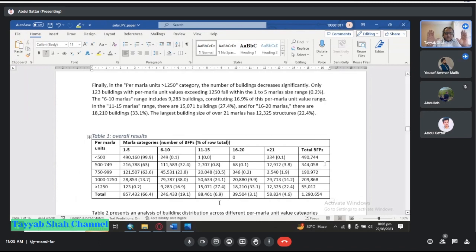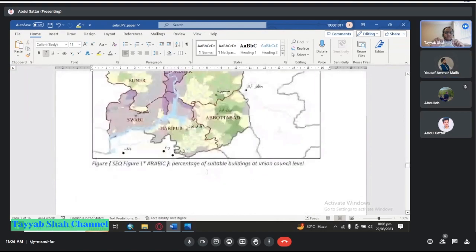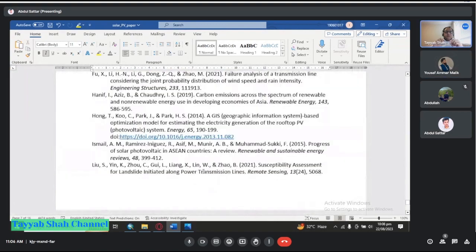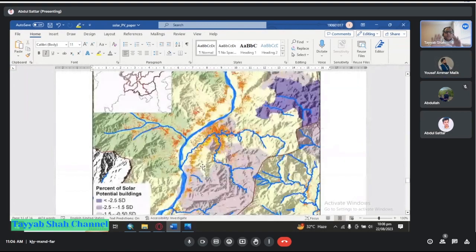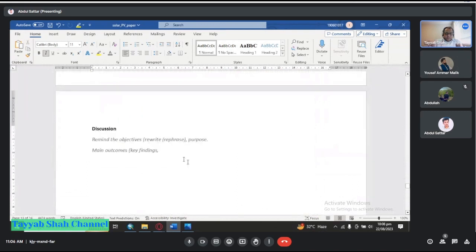About what percentage, Sattar? Sir, around 34% of buildings are more suitable. So for us, this is your first bullet line. Only 34% of buildings you are proposing in this whole study area. Fine. Yes, sir. That's the first thing you want to make clear: not every building in this region can generate.